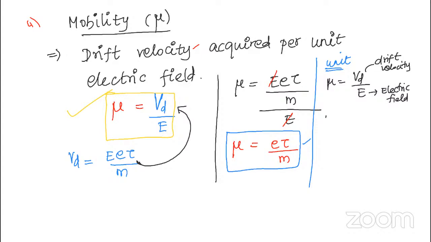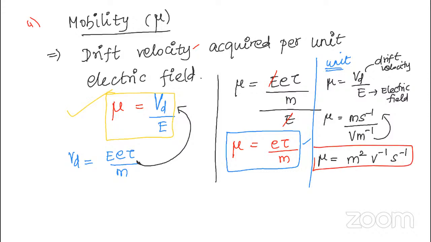So mu has meter second power minus 1 for Vd, and for the electric field it is volt meter power minus 1. Convert this and write it. So it becomes positive: m square V power minus 1 second power minus 1. So this is the unit of mu.